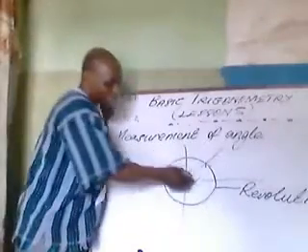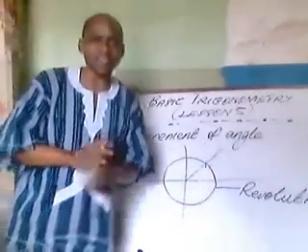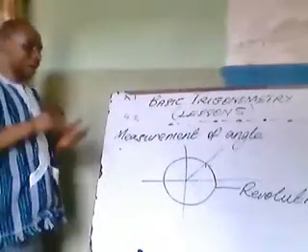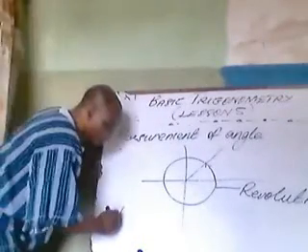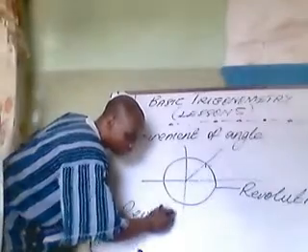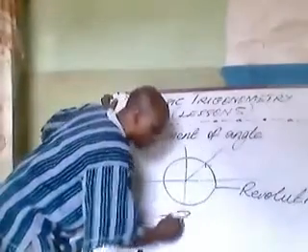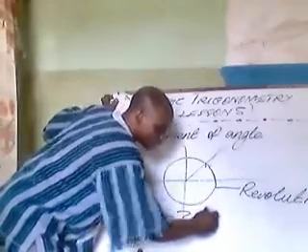Then what is the sum of the interior angles of a circle? It is 360 degrees. And for that matter, one revolution measure of an angle is always 360 degrees.